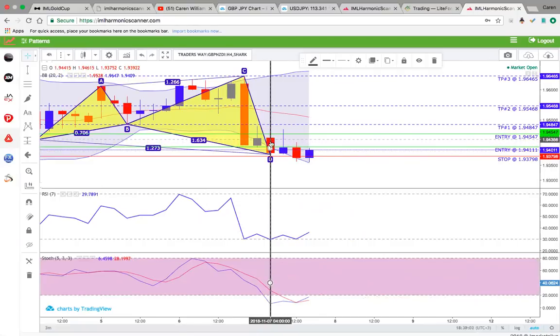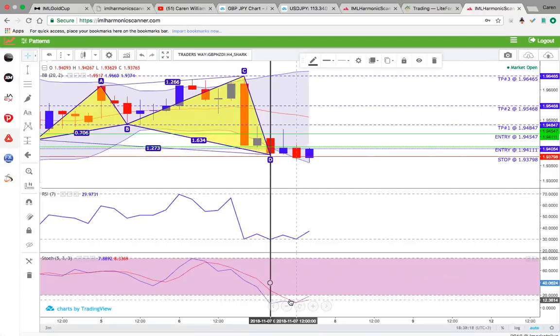So as you can see, RSI is touching the oversold line, the dotted line here is actually touching it. The stochastic is under the oversold line and beginning to point towards the red line, as you can see. And again, we have the confirmation, the harmonic scanner and the Bollinger Bands, right?